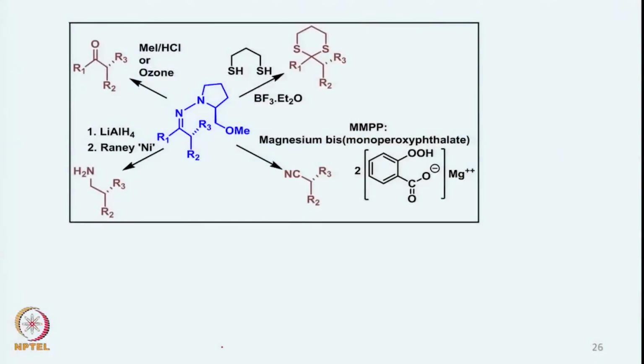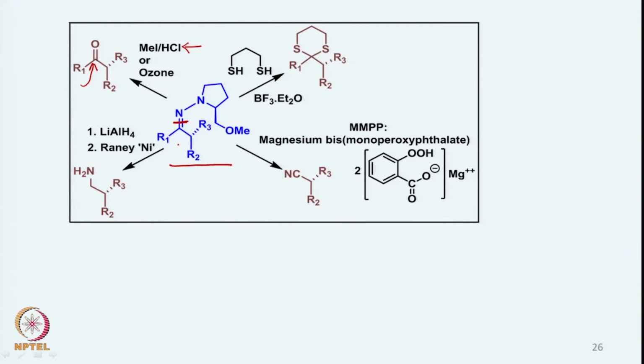This is how the product of the SAMP or RAMP type is written, and now what can be done with it. Of course we can do the ozonolysis of the carbon nitrogen bond, or we can do the hydrolysis of the carbon nitrogen bond with the help of methyl iodide and hydrogen chloride to form the corresponding ketone. So now we can regenerate it.